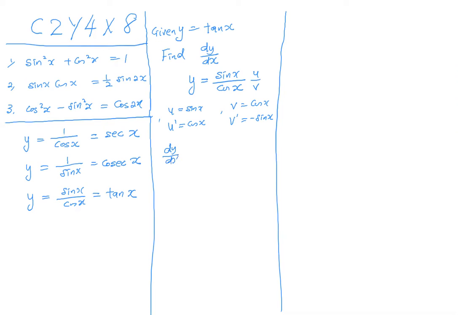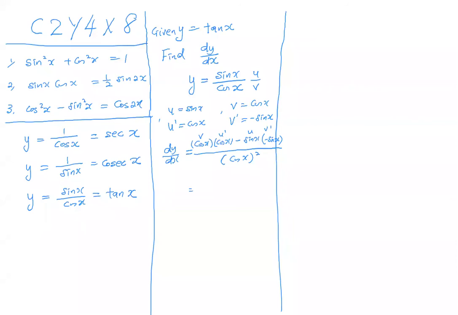So your dy dx will be equal to v, there is cos x, u prime, also cos x, minus u v prime, the whole thing divided by v squared.